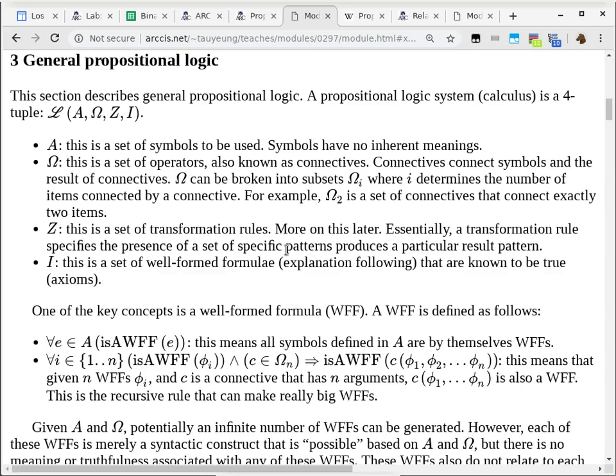All right, so when we talk about propositional logic, we usually represent it as a four-tuple. So there are four things to a propositional logic system. It's kind of like defining a programming language, so there are multiple components. The first one is alpha. This is the uppercase alpha symbol, looks like an A. It's just a set of symbols.